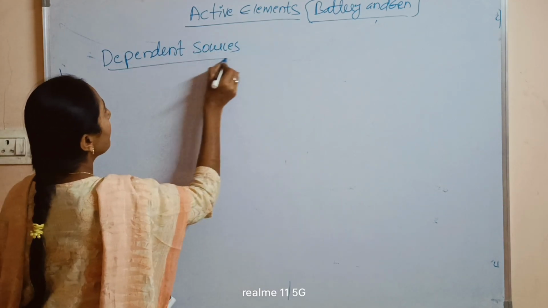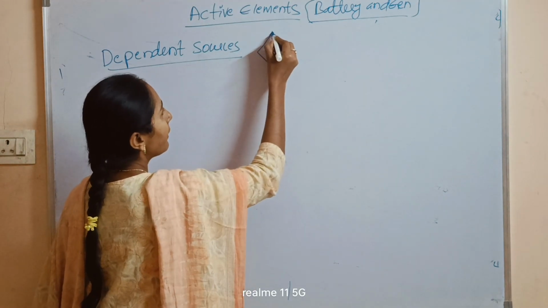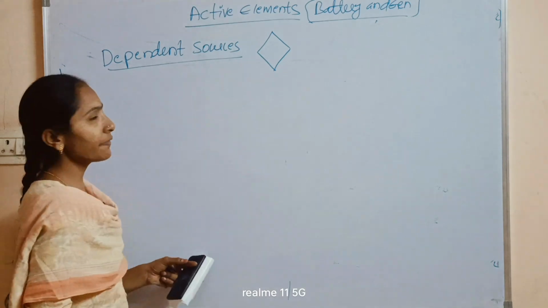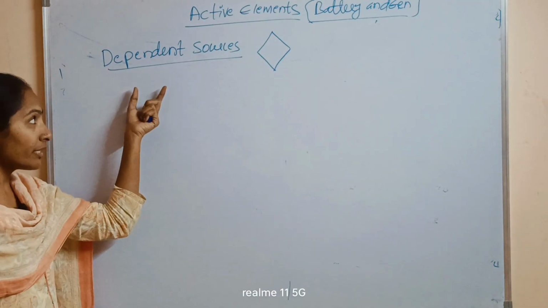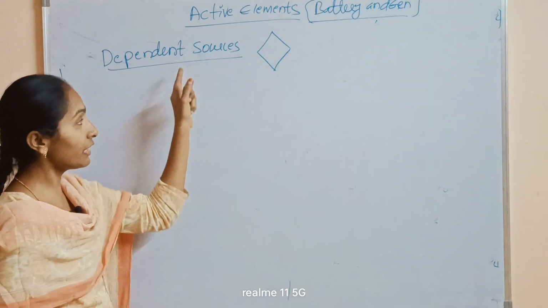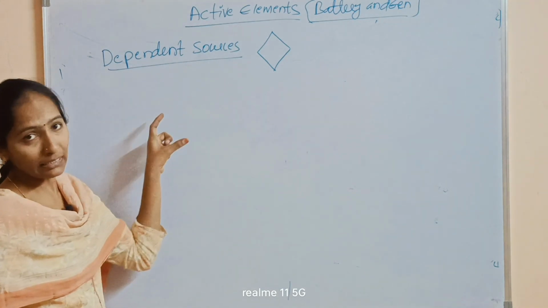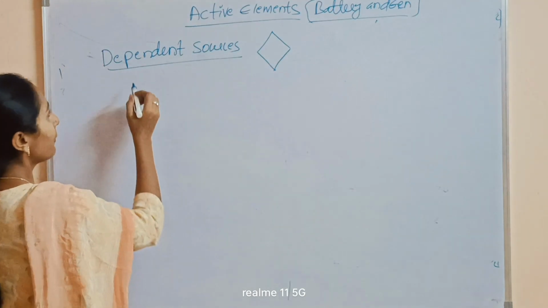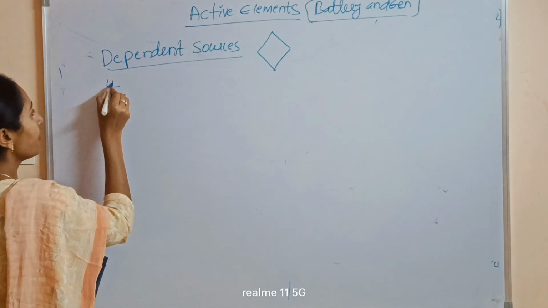Dependent sources are represented with a diamond shape. A voltage source depends on a current in that circuit, and a current source depends upon a voltage in that circuit. Based on that, there are four types of dependent sources.